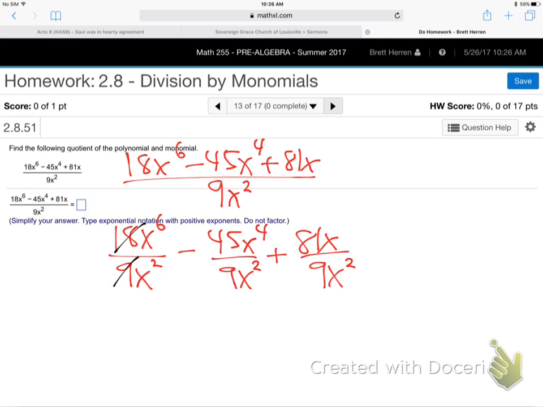So 9 goes into 18 2 times. Yes, sir. And then subtract the powers, 6 minus 2, 4. Good so far?